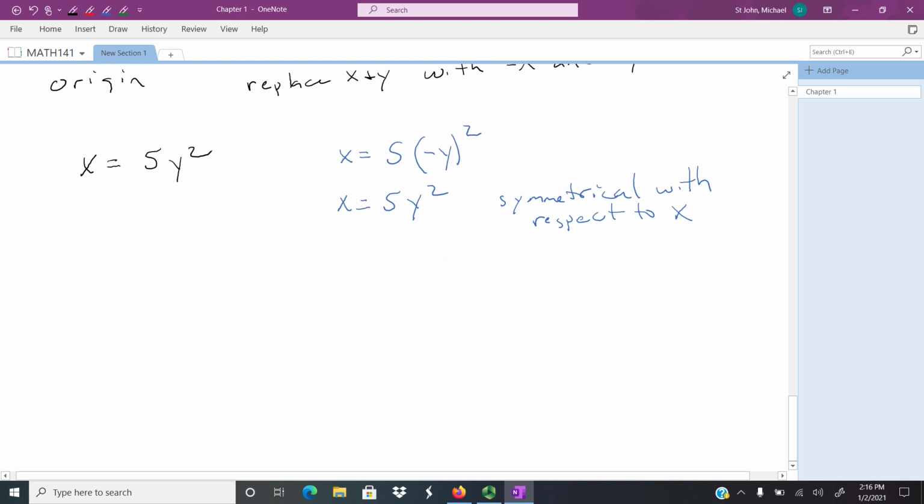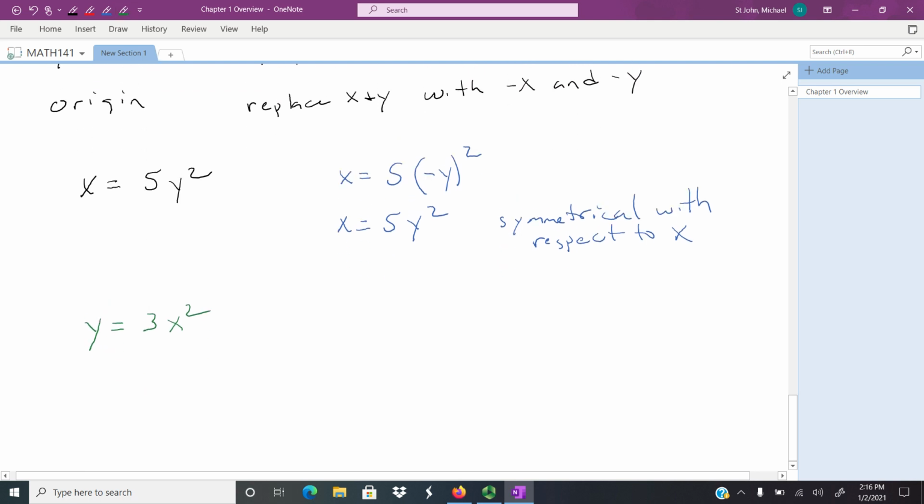So for the y-axis, if I have something like y equals 3x squared, again I'm just going to replace x with negative x, and so now y equals 3 times negative x squared.